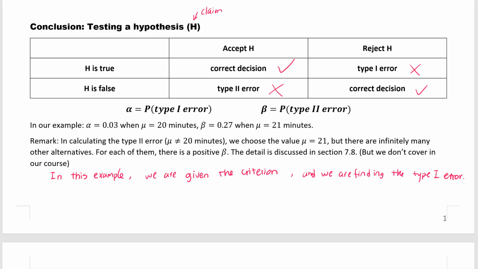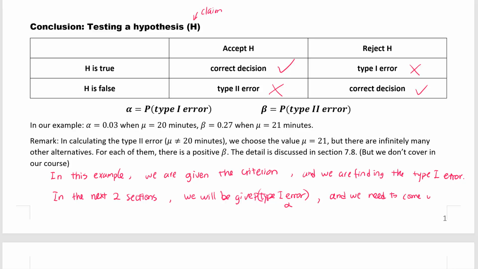In the next 2 sessions, we will be given the type 1 error, alpha, and we need to come up with a criterion for when to reject the claim.